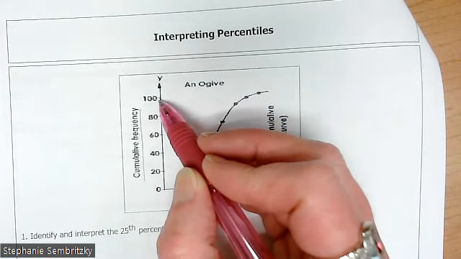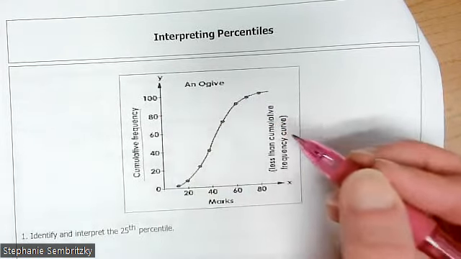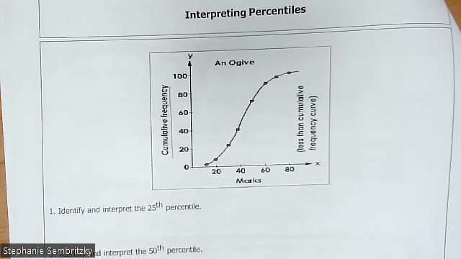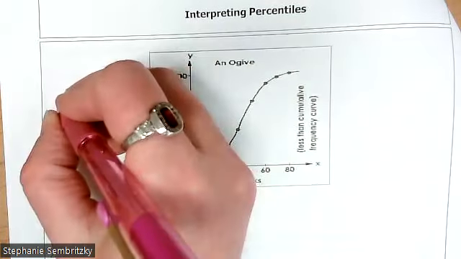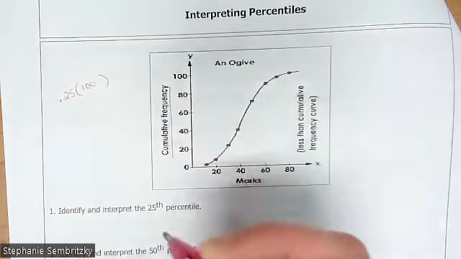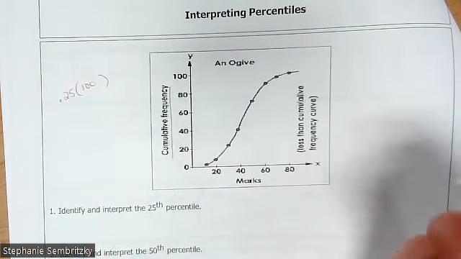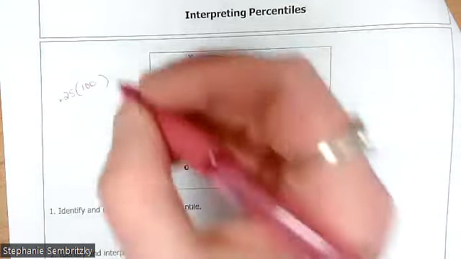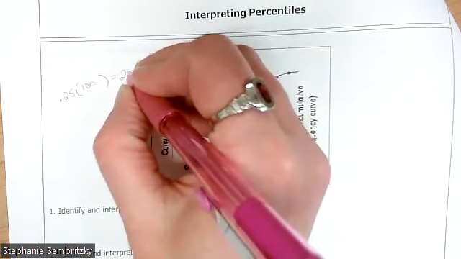100 is the frequency. Okay, so if we were trying to find the 25th percentile, first off, that'd be 0.25 times how many values we have, but they made it really easy on this. 0.25 of 100 would just be 25.